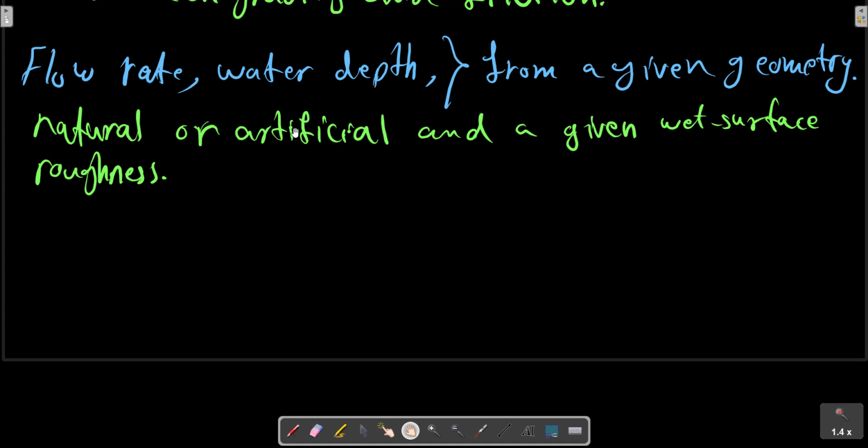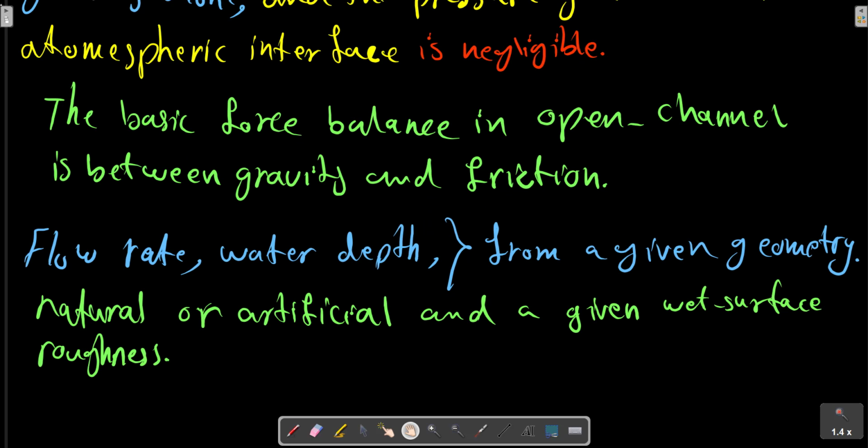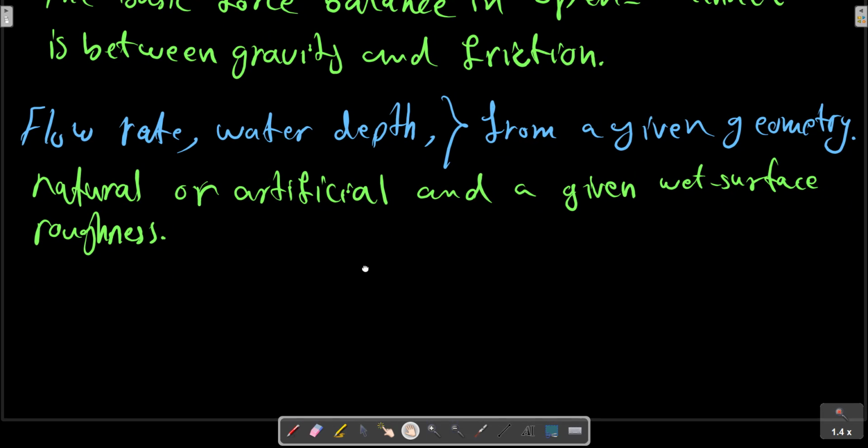Water is almost always the relevant fluid and the channel size is usually large.